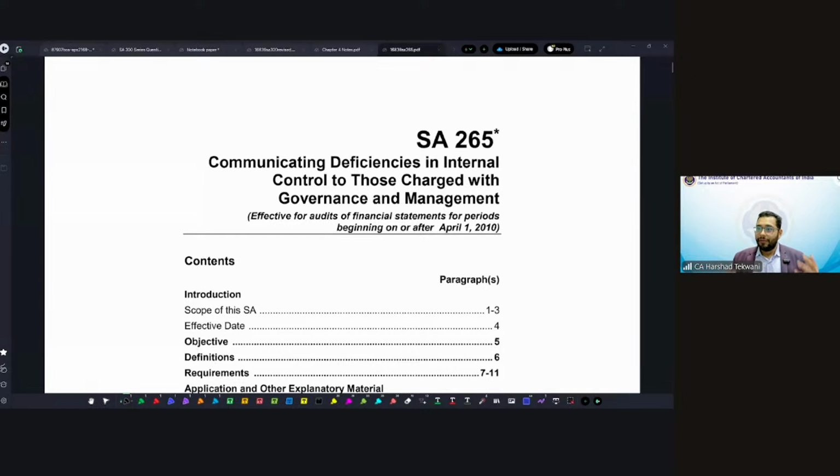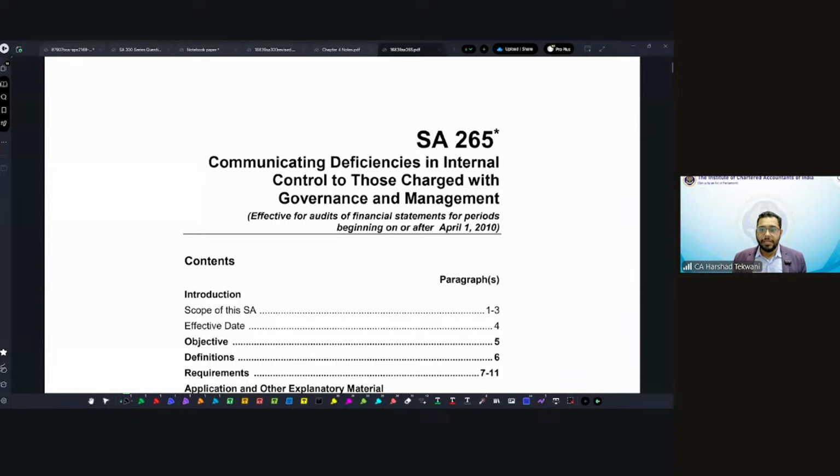For example, I have a three-way match control. The purpose of the three-way match control was to prevent someone from paying for a fictitious purchase. Yes or no?